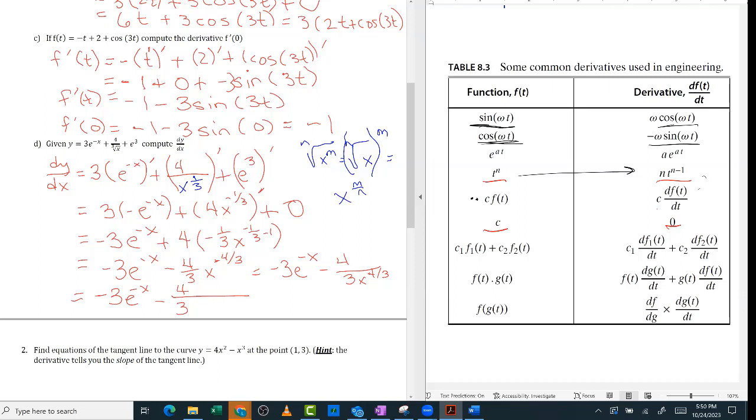And now I have more than one x. I have x and x to the 1/3. X times x to the 1/3, which equals minus 3e to the minus x minus 4/3 x times the cube root of x.